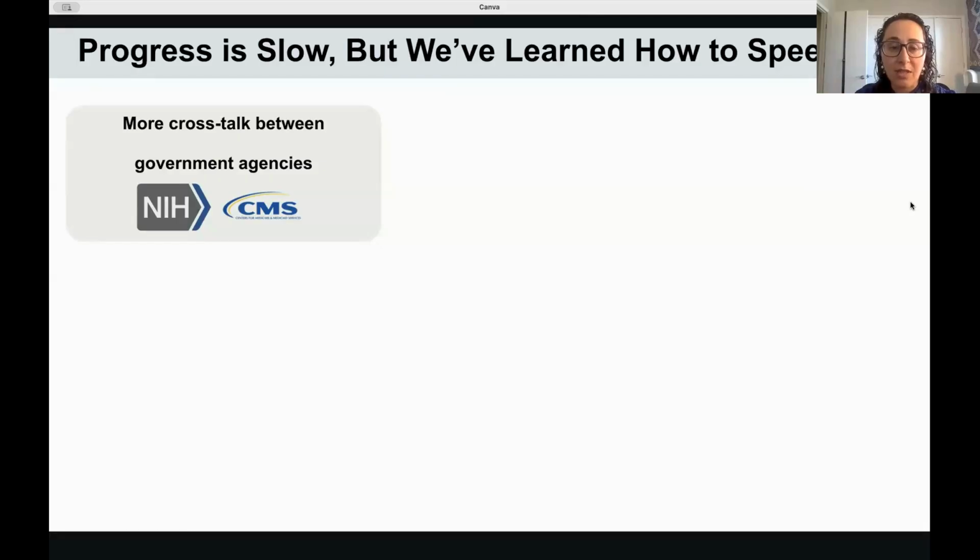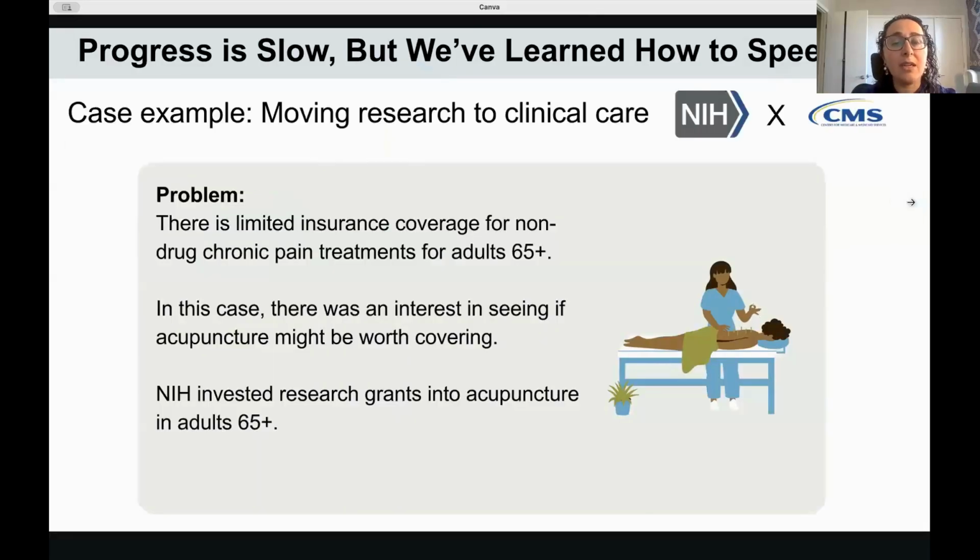So, an example of this, I think we have on the next slide, is a case example of where the NIH was communicating with the Centers for Medicare and Medicaid in order to find ways to increase the coverage of non-pharmacological strategies, sorry, non-medication strategies to treat people who are living with chronic pain who are 65 years and older.